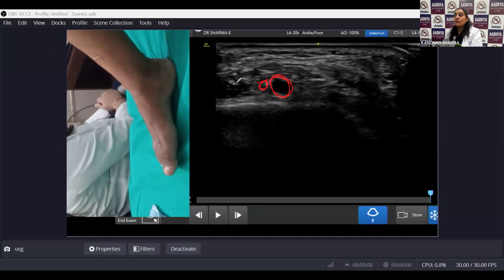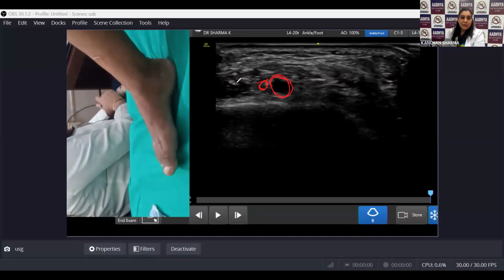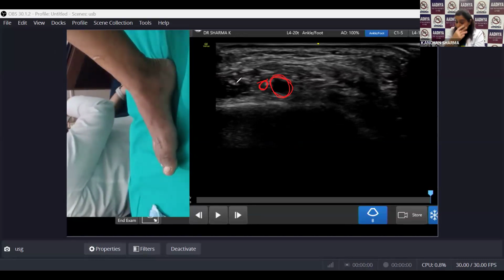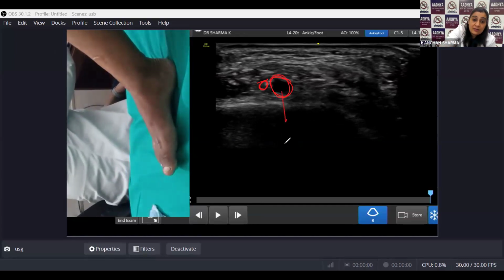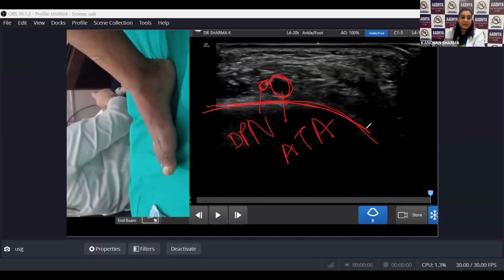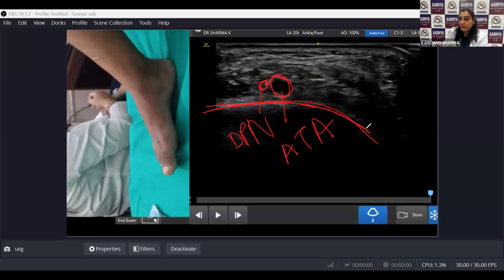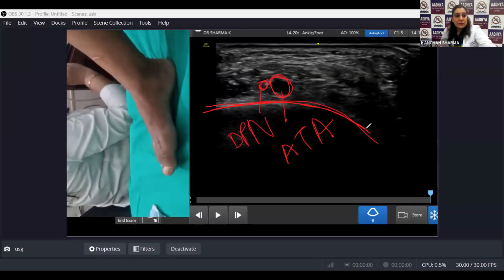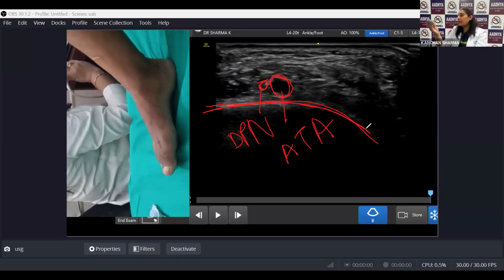Now, if you want to look for the tendons, I'll tell you again a very nice way. So this is our anterior tibial artery. This is our deep peroneal nerve. This is what we are seeing. Flat thing is the tibia, the distal end of the tibia, right? To learn the tendons, one by one, I will show you.